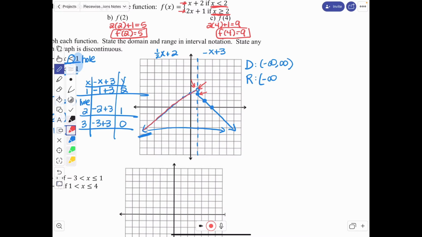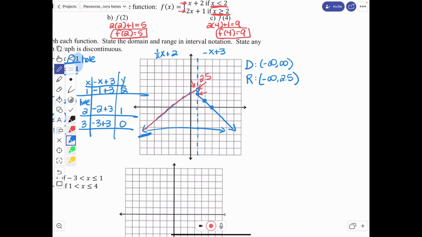And you're looking at the y value, and that y value right there is 2.5. So we would fill that in, and that's going to be 2.5. And it gets a parenthesis since it's a hole. Any solid point is going to get a bracket. Any hole would get a parenthesis. So that's going to be your range.